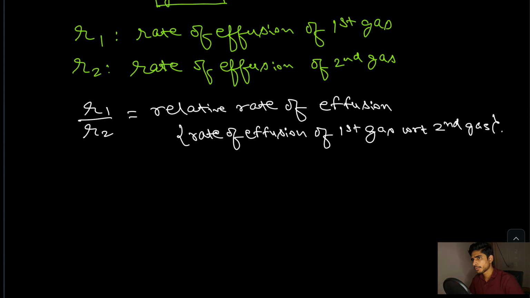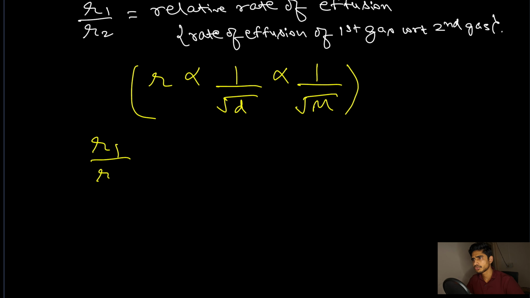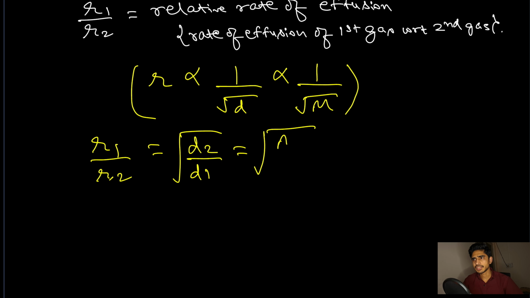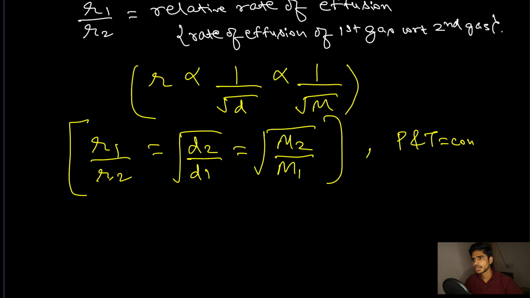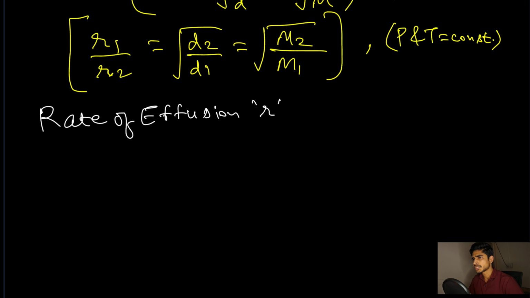If it was R2 by R1, then it would be the rate of effusion of the second gas with respect to the first gas. So R is inversely proportional to square root of density, which is inversely proportional to square root of molar mass. We can write R1 by R2 is equal to square root of D2 by D1, or square root of M2 by M1, considering pressure and temperature remain constant.